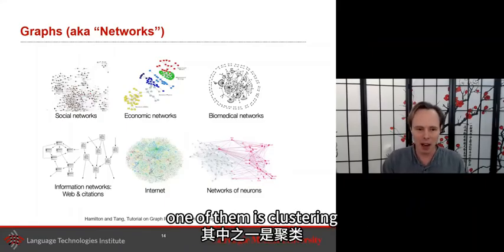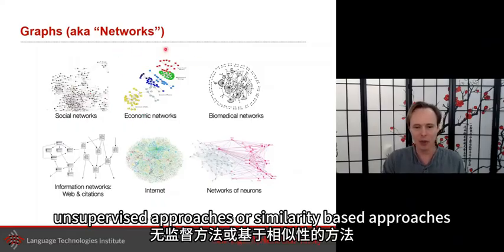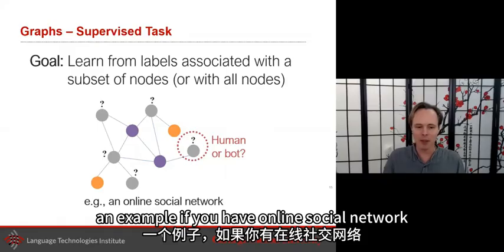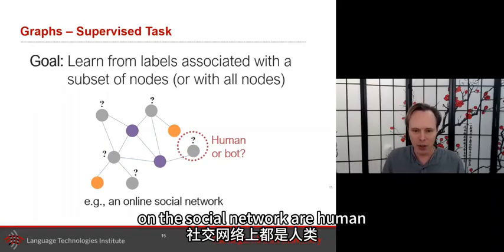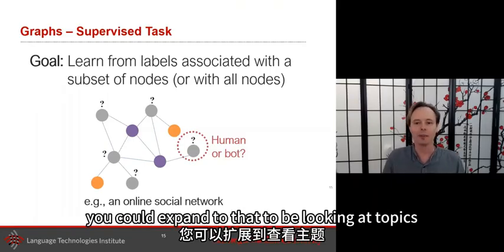One of them is clustering, and I will talk about these unsupervised or similarity-based approaches. But another one is a supervised task. For example, if you have an online social network and you would like to detect which of these actors or people on the social network are human and which are in fact just bots, you could expand that to looking at topics.